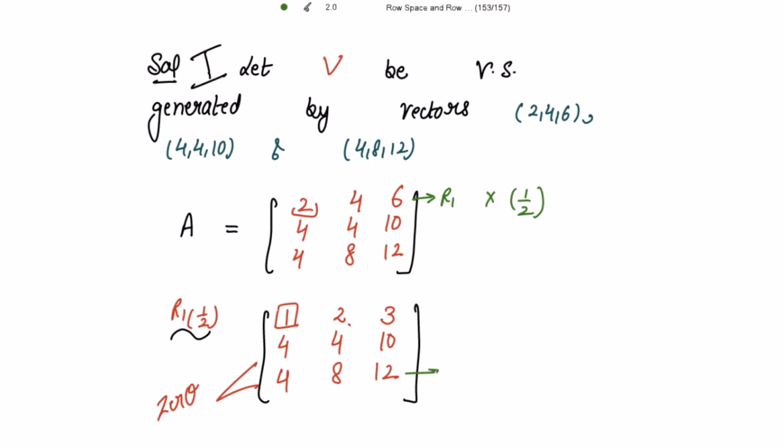Similarly, we also need to change the third row by adding its elements to row 1, but row 1 should first be multiplied with minus 4 again, so that I can get 0 over here.